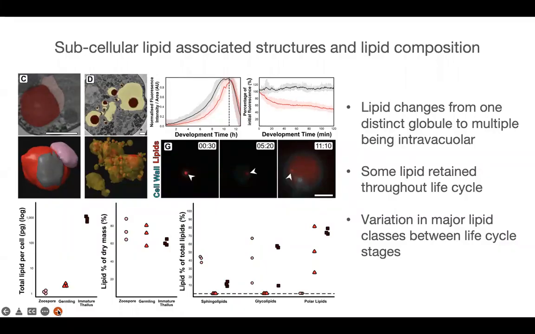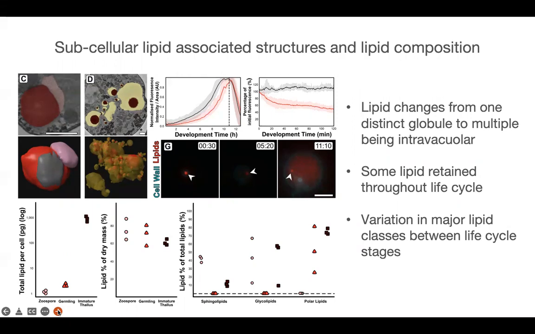So this is a comparison between the zoospore and the immature thallus stage. Another thing that we were able to do was track lipids throughout the life cycle of the chytrid, and the globule of lipid that the zoospore has never really goes away. That same globule of lipid is present all the way through the cell cycle up to the genesis of the next phase of lipids.